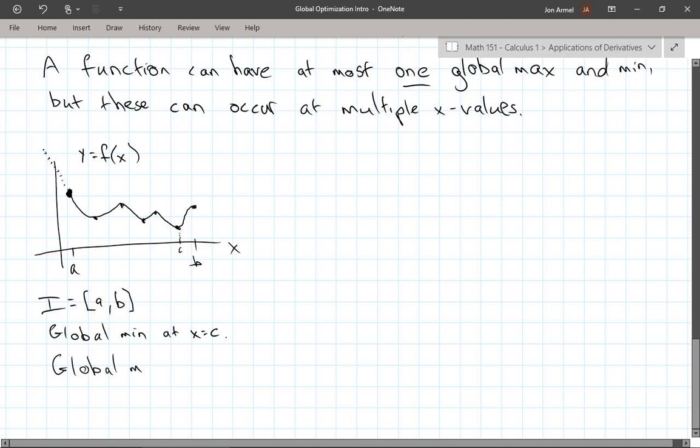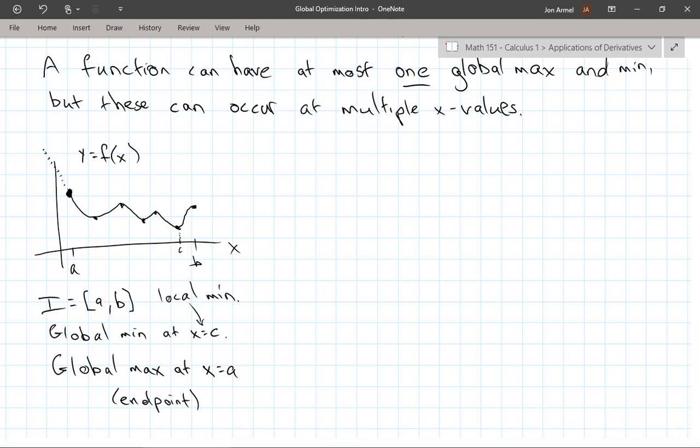So the global max occurs at x equals a. And just notice that occurs at an endpoint. Whereas the one at x equals c, that is a local minimum. If you were taking the derivative setting it equal to 0, you would locate that x equals c, but you wouldn't find x equals a necessarily.